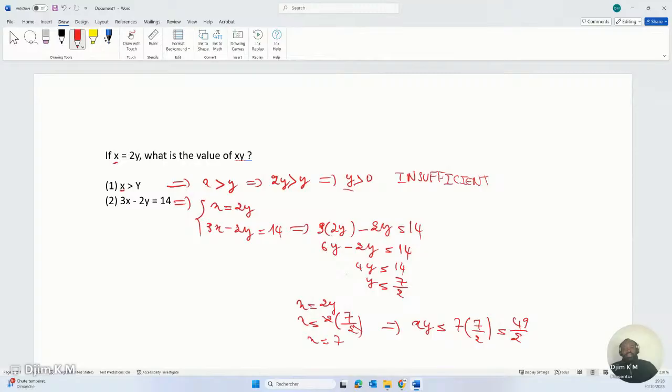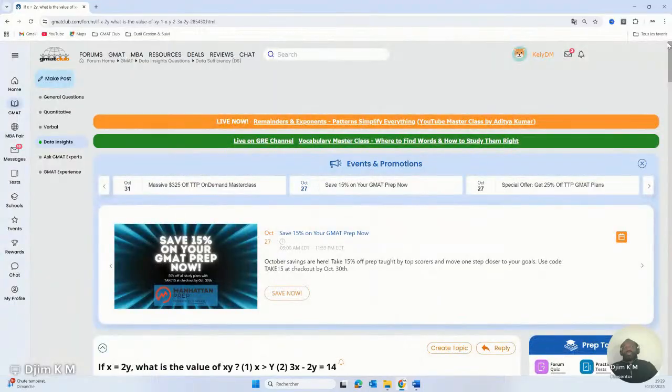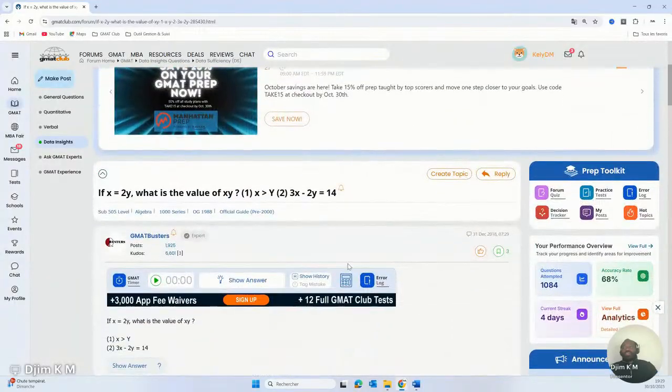So definitely the second condition alone is sufficient. So the answer is B.